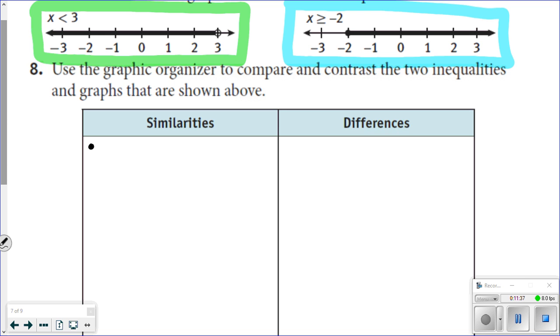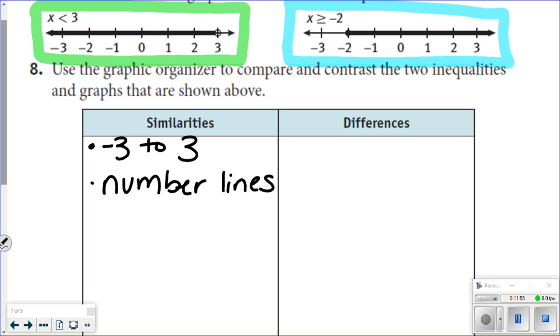So if we're looking, both number lines go from -3 to 3. Both have number lines. They both have shading. They both have x's.